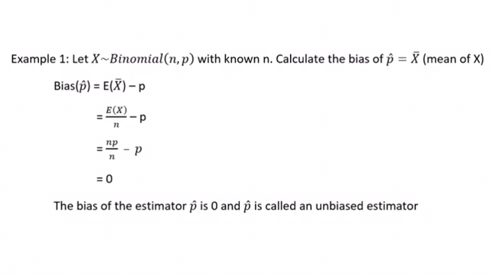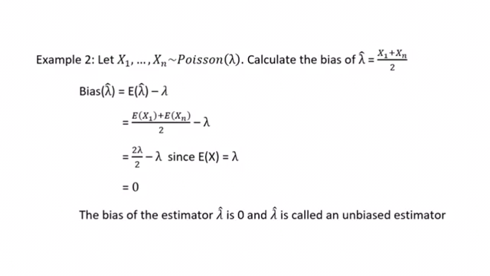Let's go on to the next example. X1 to Xn are from an independent and identically distributed Poisson distribution with parameter lambda. Calculate the bias of lambda hat equals X1 plus Xn divided by 2. Again, with the same formula, we have bias equal to the expectation of the estimator lambda hat minus lambda.